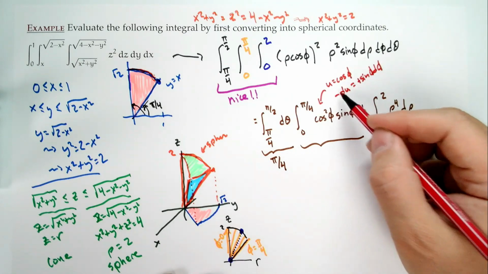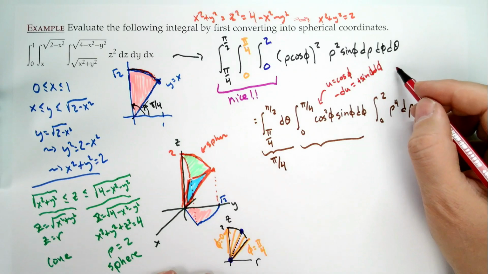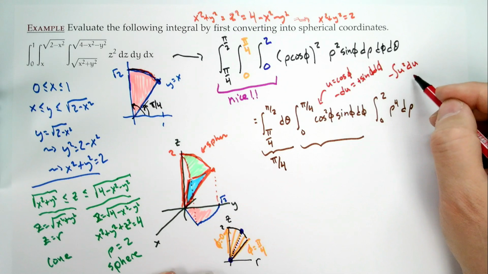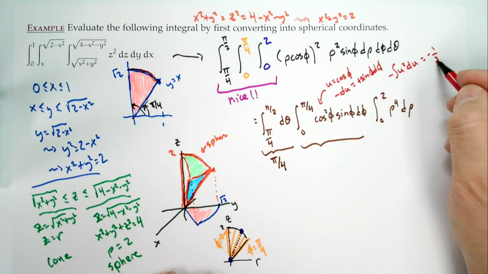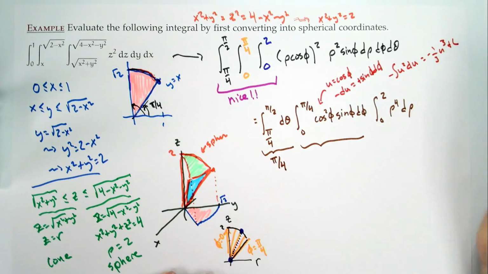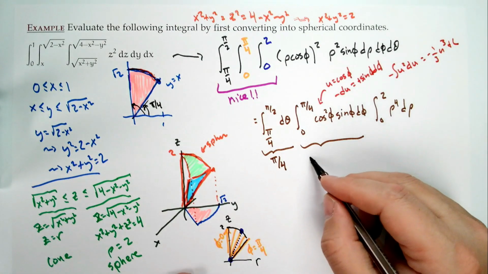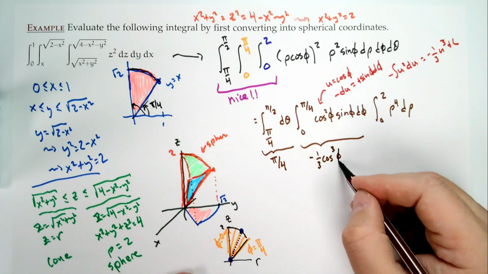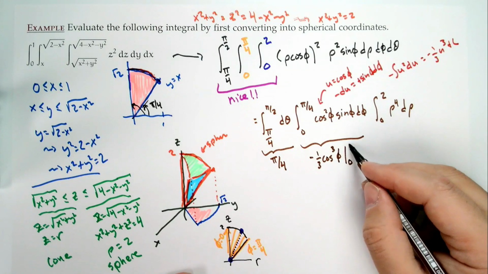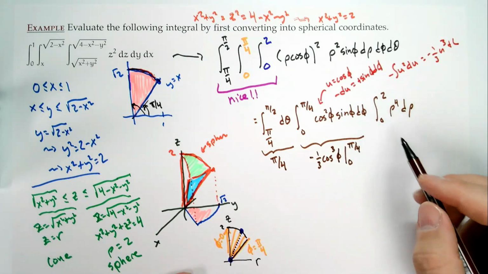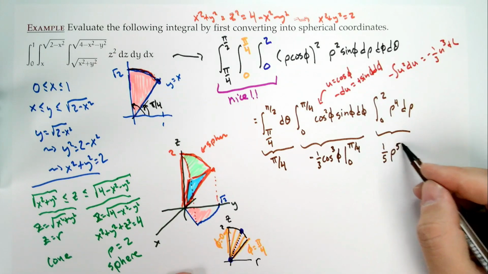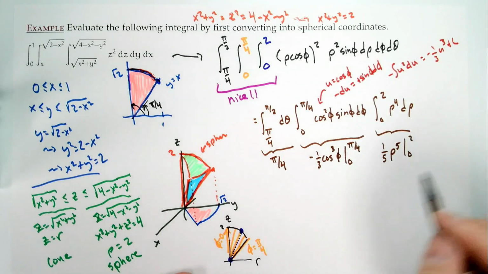Well, you can move the minus across so that this would become the integral of minus u squared du, or minus 1/3 u cubed. So this integral here is going to become minus 1/3 cosine cubed phi, evaluated from 0 to pi fourths. And now the last integral, well, that one's not so bad. 1/5 rho to the fifth from 0 to 2.